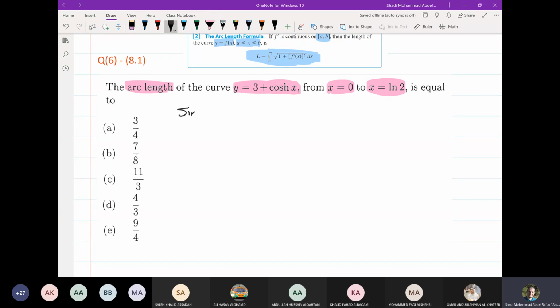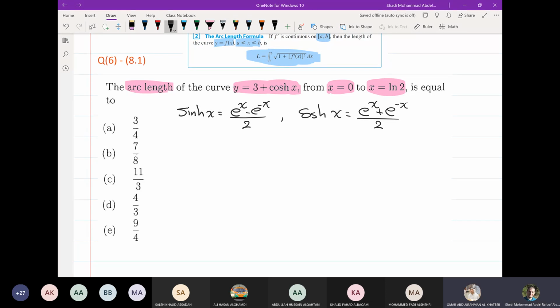I think sine hyperbolic of x is e to the power x minus e to the power minus x over 2, and cosine hyperbolic x equals e to the power x plus e to the power minus x over 2. Is that true? I think this is correct. Yes, it's true. So use this hint.